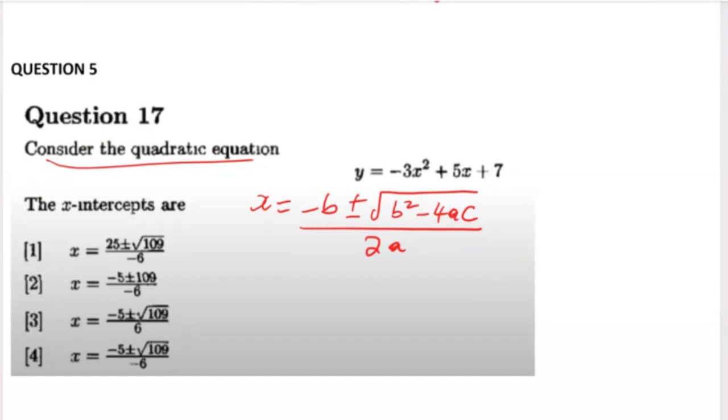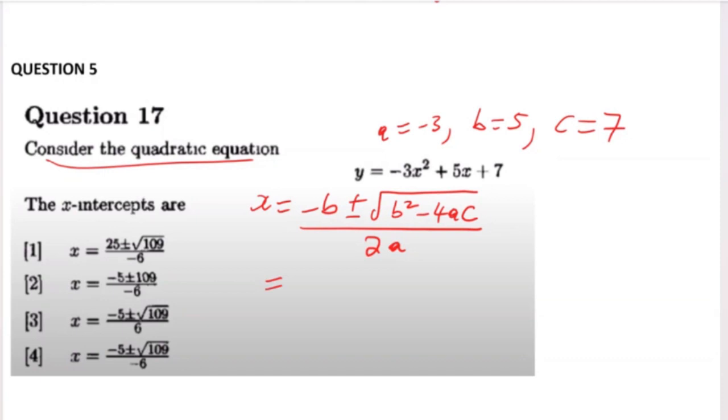Here you know that your a is equal to -3, your b is equal to 5, and your c is equal to 7. It's always good to take these values out of your equation. Then put them into your formula.